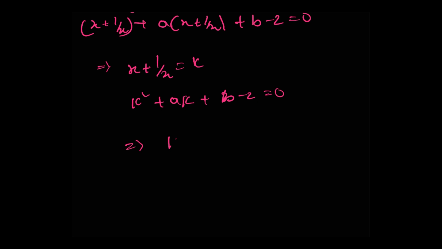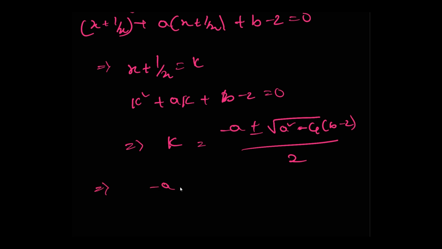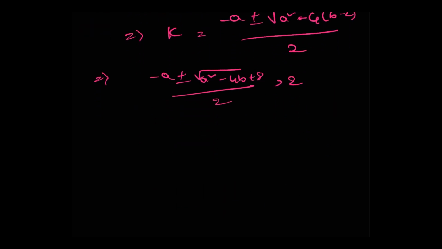That implies k will be minus a plus or minus root over a square minus 4 times b minus 2, by 2. And we need minus a plus or minus root over a square minus 4b plus 8, by 2, to be greater than 2. That means minus a plus or minus root over a square minus 4b plus 8 should be greater than 4.